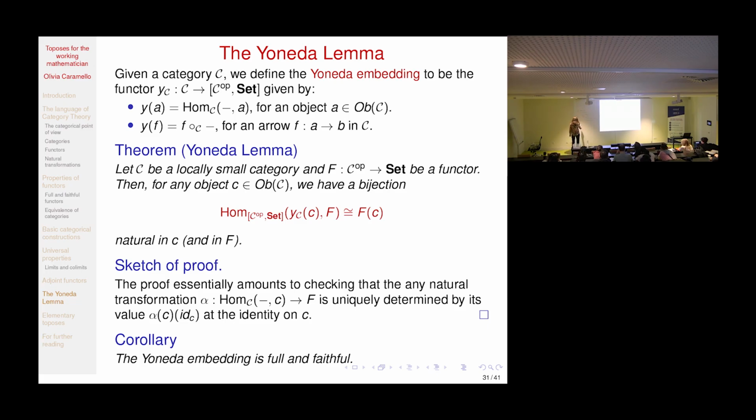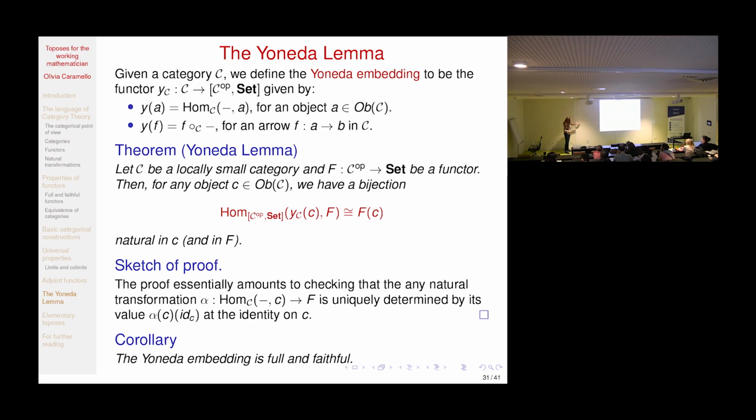Now, what does it mean having a natural transformation? It means giving for any object D of C a function, which is the component of alpha at D, going from this Hom set to F(D). This naturally in D. But now the idea is this. Suppose we have an element here of this set.